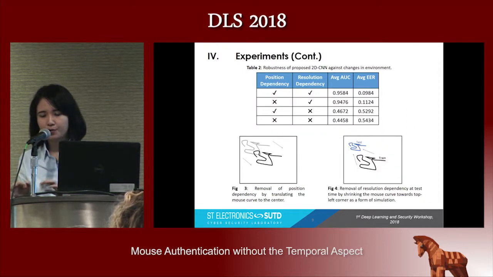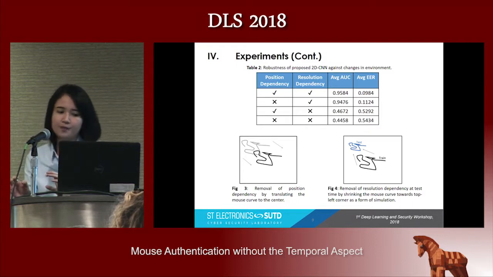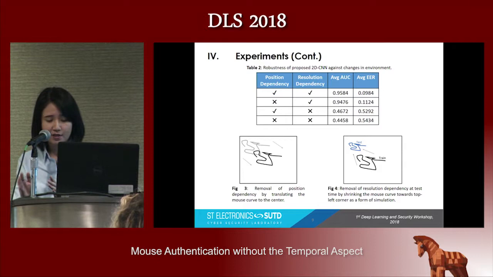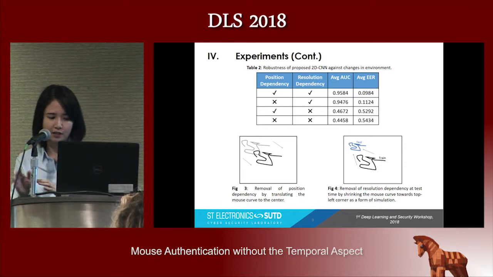So seeing how the proposed 2D CNN method outperforms the rest of the models, we are also interested to see how robust this 2D CNN model is against changes in the environment. As such, we have performed the following two things. We have removed the position dependency by translating the minimum bounding box of the curve towards the center of the plot.